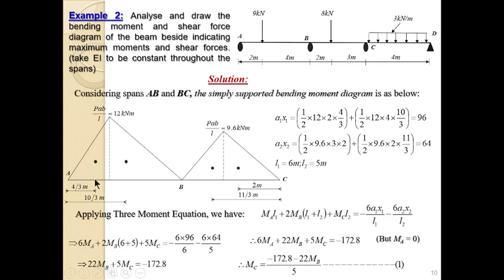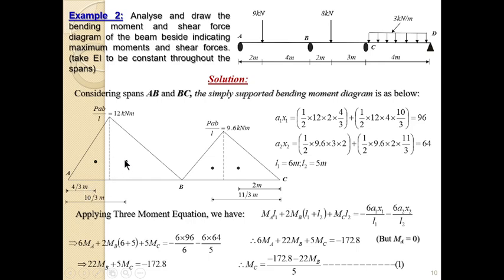So from here to here will be 2/3 of this distance, and this distance is 2. So 2/3 of 2 is 4/3.